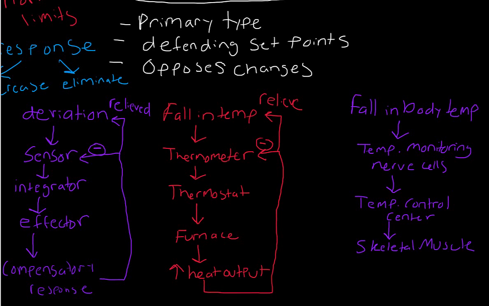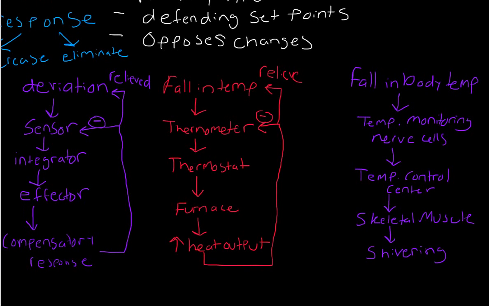And the whole point is to bring about a response to change the body temperature back to its normal setting, since there's a fall in it. So the skeletal muscle will bring about heat production through shivering. And when we shiver, we generate heat. And the heat will act as a compensatory response to restore body temperature.